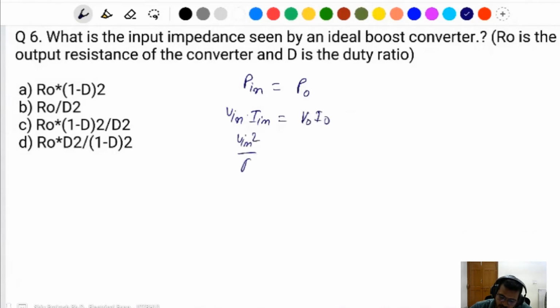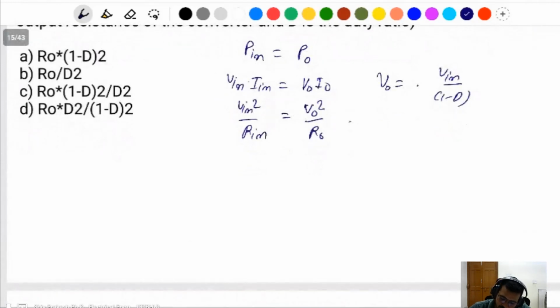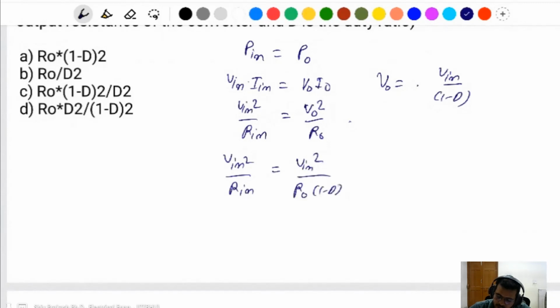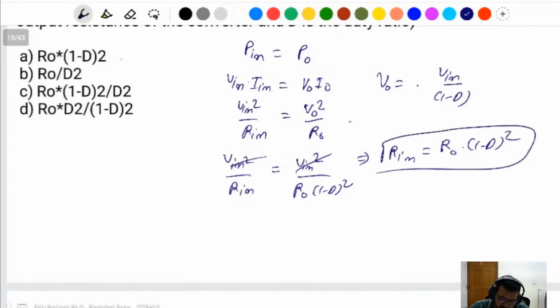V in is equal to I in times R in, and V output is V naught square divided by R output. For the boost converter, V naught is V in divided by 1 minus D. Putting this here, V in square divided by R in equals V in square divided by R naught times 1 minus D square. Will cancel out. R in is equal to R naught times 1 minus D square. This one, option A, is correct.